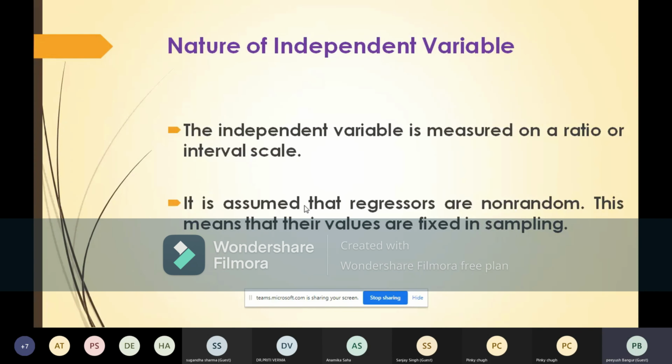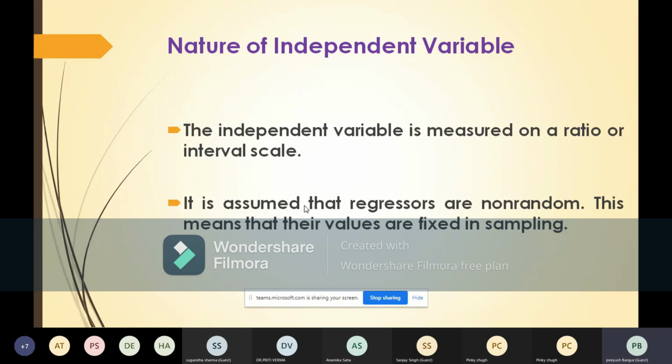Yes, you can keep such type of series on the dependent side, but you cannot keep such data on the independent side. That means you cannot use the dummy. There was one question from a participant 5 minutes ago: how can we use the dummy variable? So the answer is, in case of dependent variable, you can keep the dummy variable, but for the independent variable, you cannot keep the dummy variable.